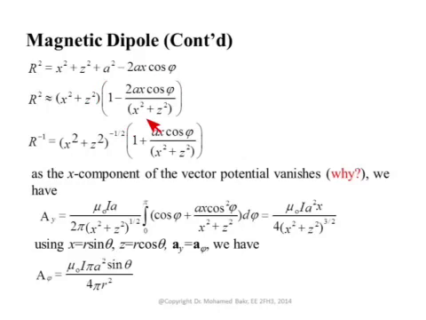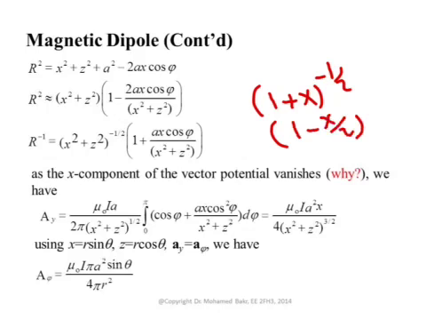This term here, when you raise it to the power minus 1 half, we use the very simple expression that 1 plus x to the power minus 1 half, if x is small, is 1 minus x over 2. And this is what we did here. So you can see I erased this term because a is way smaller than x squared plus z squared.